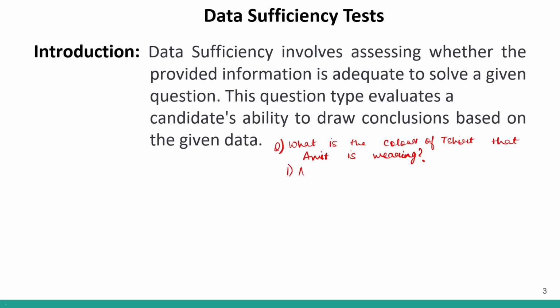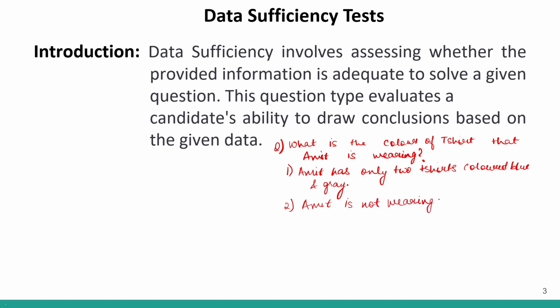First data is Amit has only two t-shirts, colored blue and let's say grey. So Amit has only two t-shirts, blue and grey, and the second data says that Amit is not wearing a blue t-shirt.